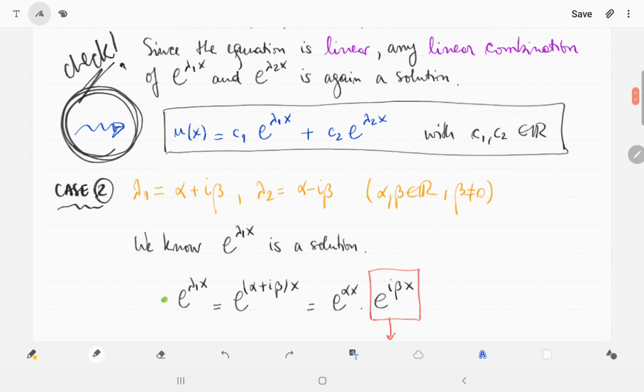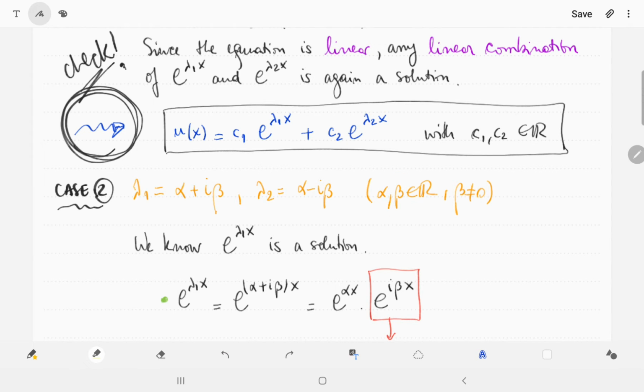Okay, second case. We have complex roots, and since the characteristic equation has real coefficients, these two complex numbers are related: one is the conjugate of the other one. So basically we have these two real numbers involved, alpha and beta.